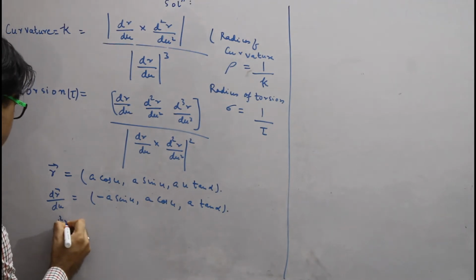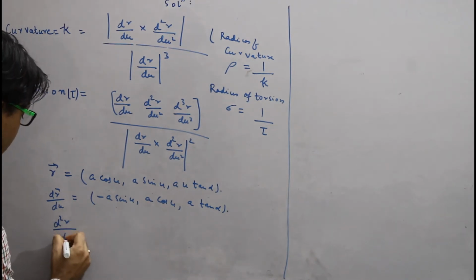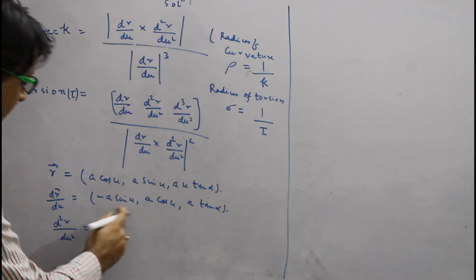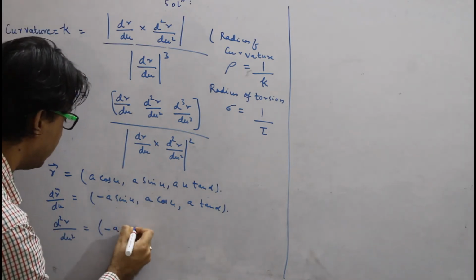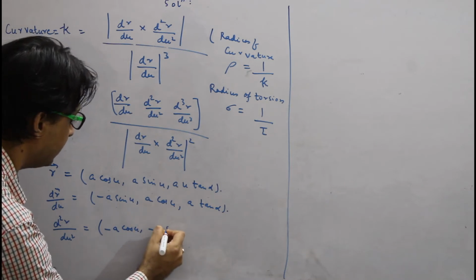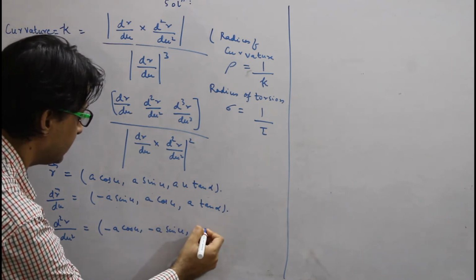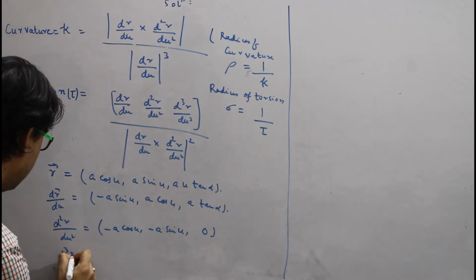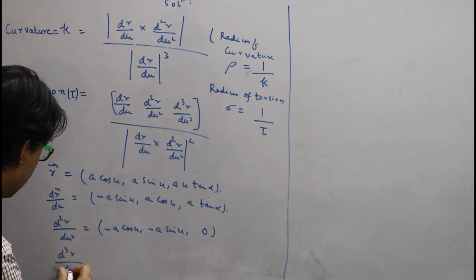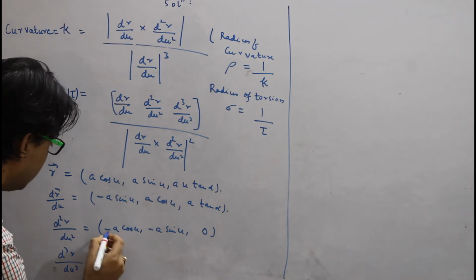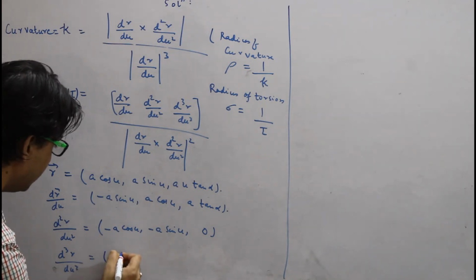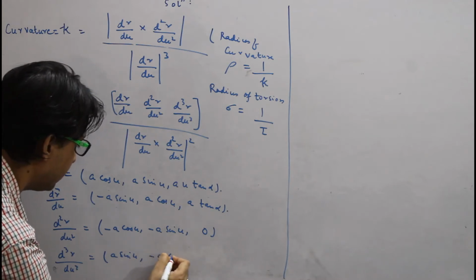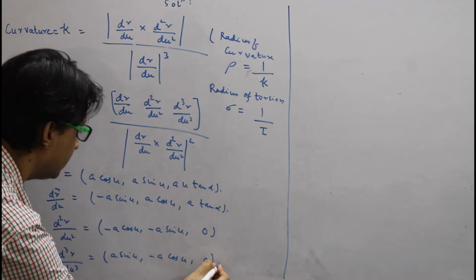Secondly, we have to find d square r by du square, and this is minus a cos u, minus a sin u, and 0. Similarly, we have to find d cube r by du cube. This is a sin u, minus a cos u, and again 0.